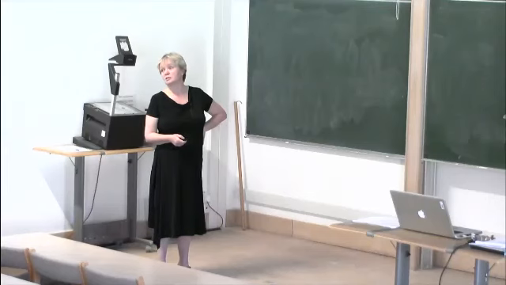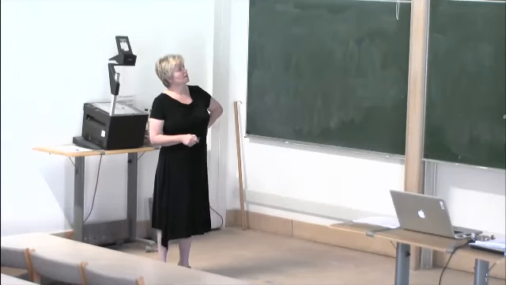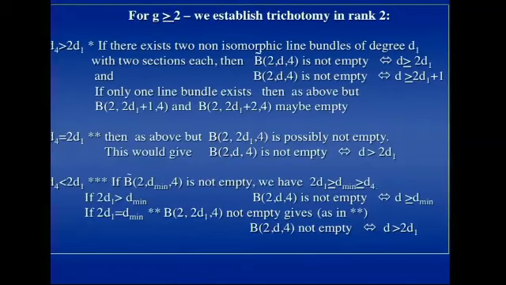So you may have stable bundles of degree 2D1. And once this happens, you get non-empty stable bundles for degrees bigger than 2D1. So this non-sharp inequality becomes sharp. If this one is not empty, that's a conditional statement.